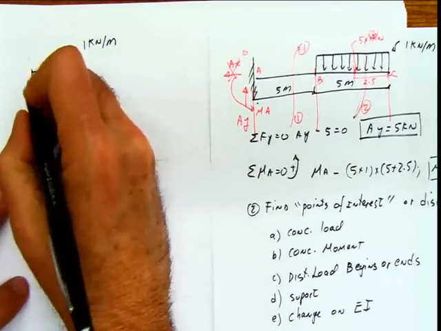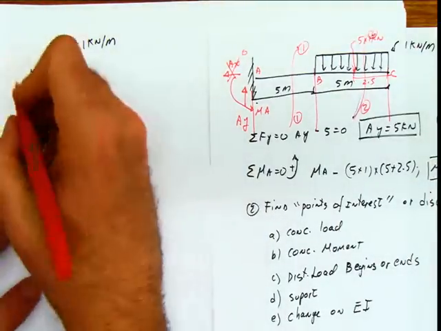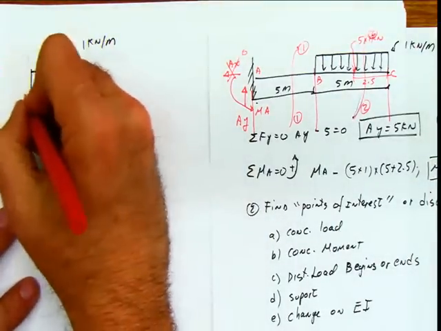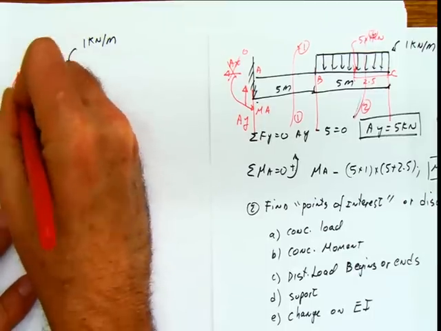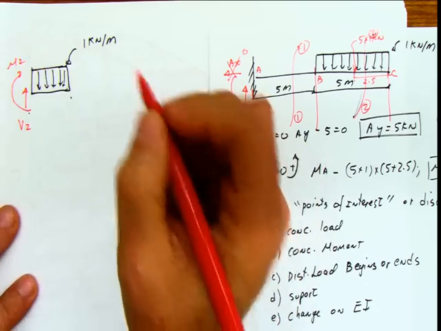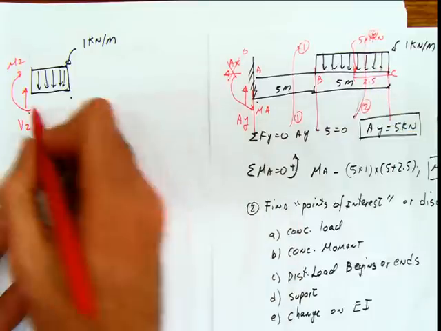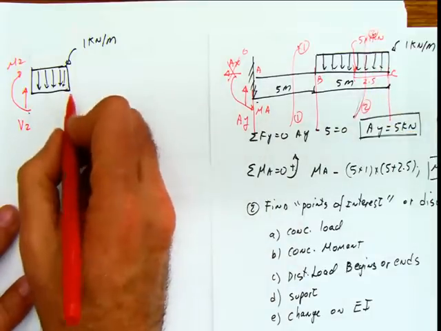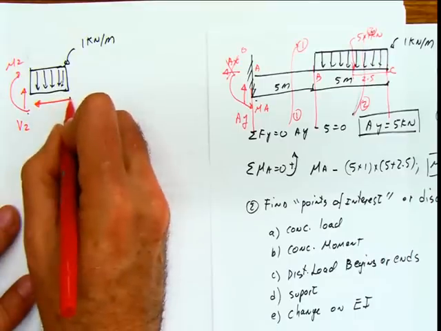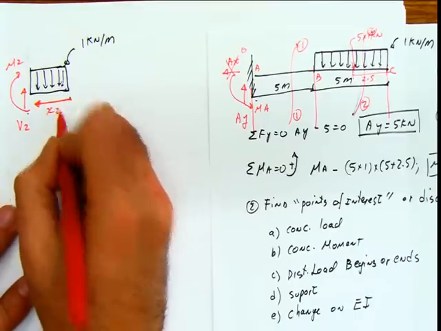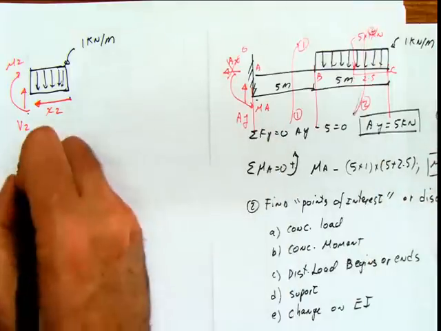For equilibrium, we will have a shear and a moment. I'm calling it 2 because that's the way I named this section. For this particular case, I'm going to measure my x from right to left, and this is going to be x2.